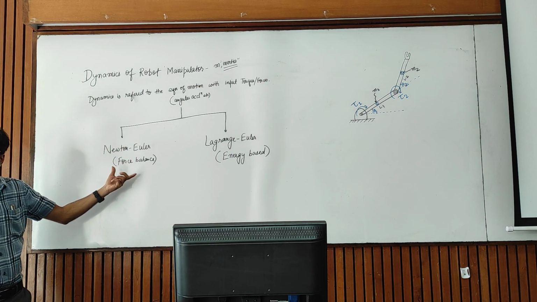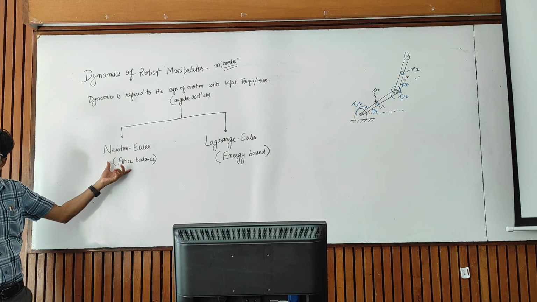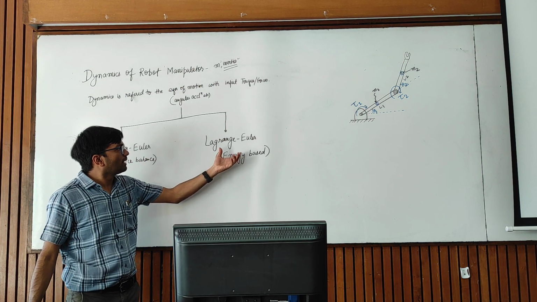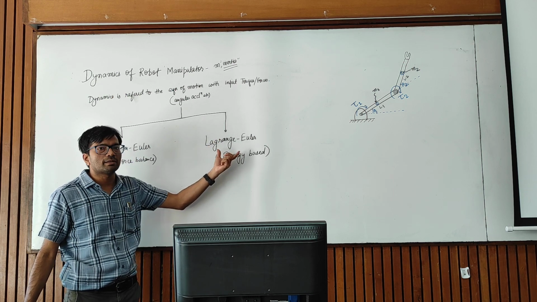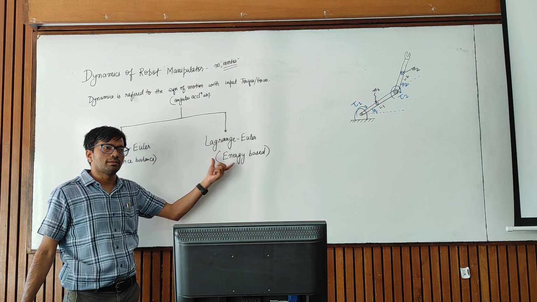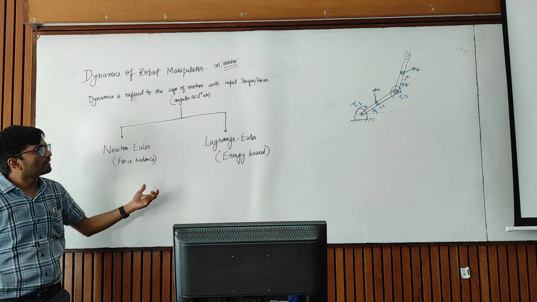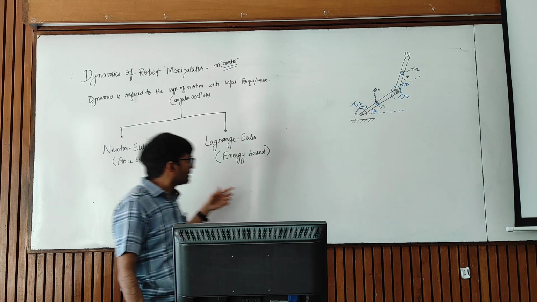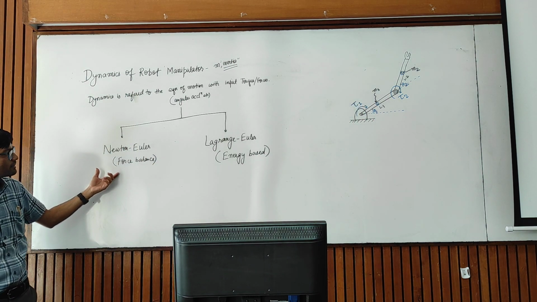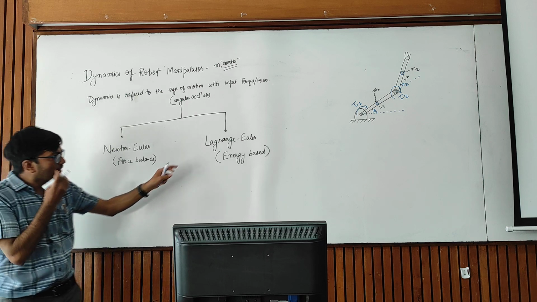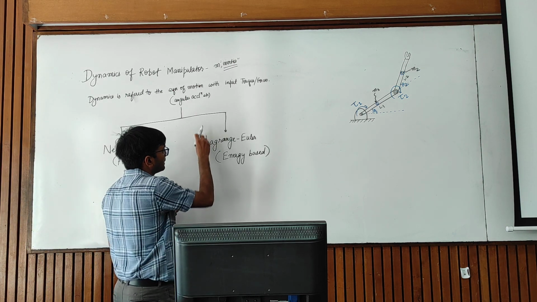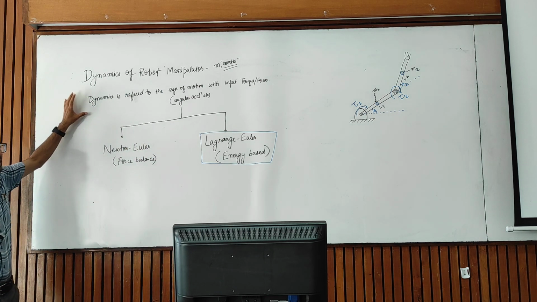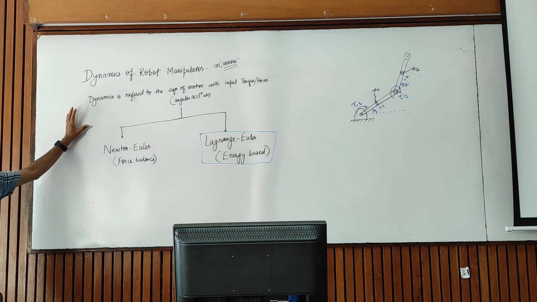The force balance or Newton-Euler formulation is quite cumbersome. The Lagrange-Euler is somewhat easier, and people use this formulation as long as hand calculation is concerned. However, when it goes to coding or the recursive method, Newton-Euler is more preferred. But since we will be doing hand calculation, we will go by the Lagrange-Euler formulation to get the dynamical equation.